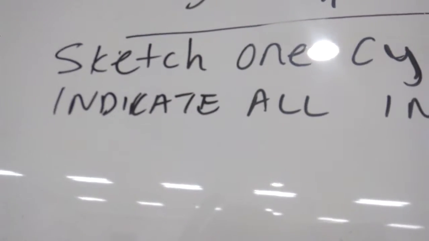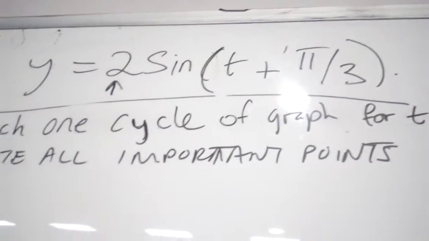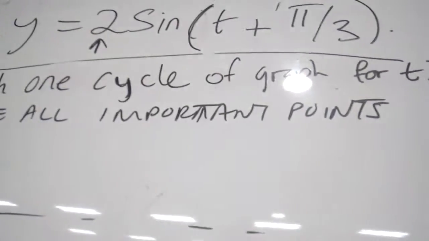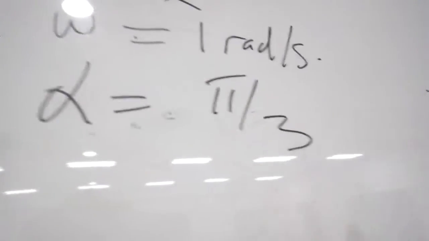There's no need to write it. That's why it's just t, right? So we have those two, the amplitude and the angular velocity, and also the phase angle, which is given as pi over 3, which is this one, right?